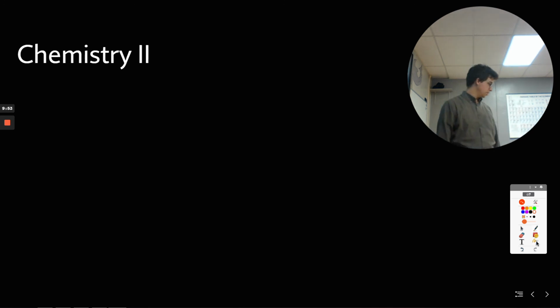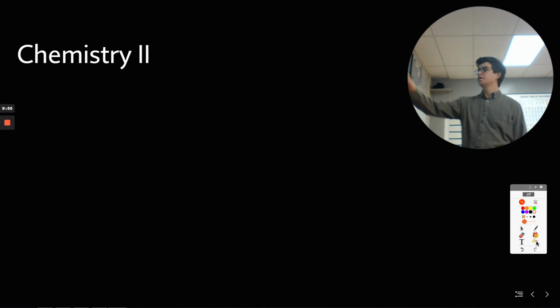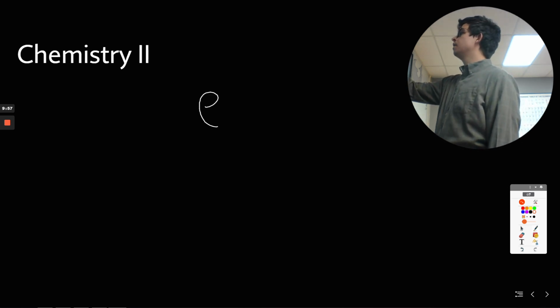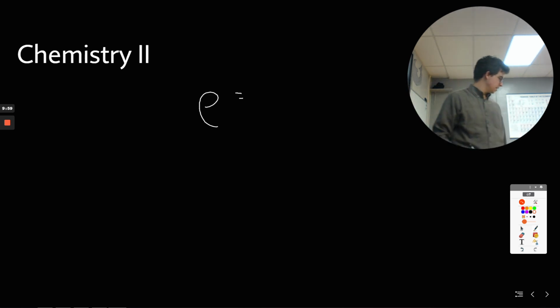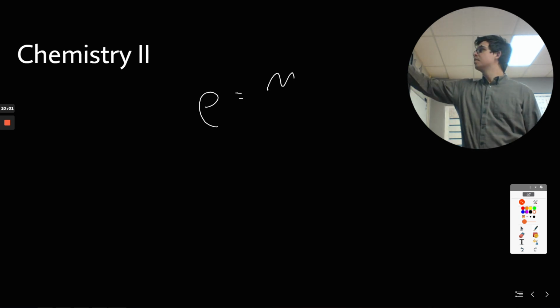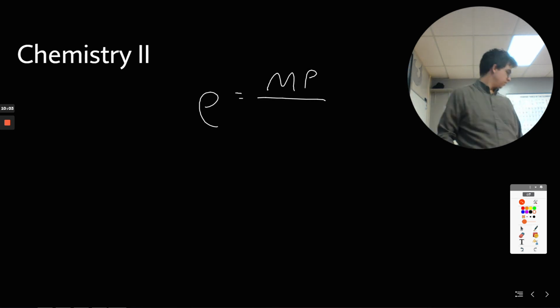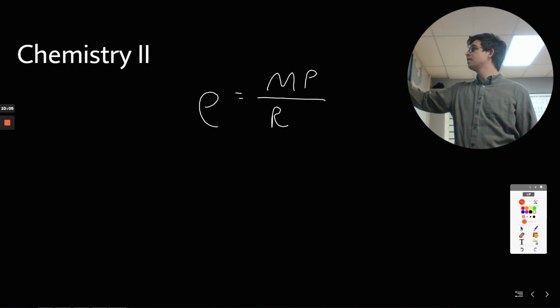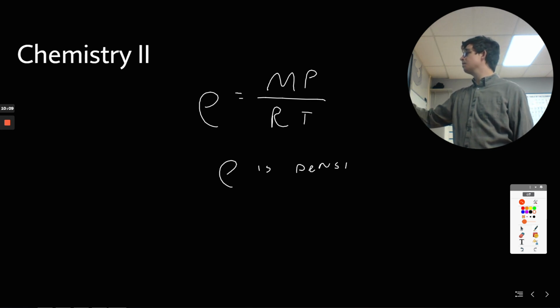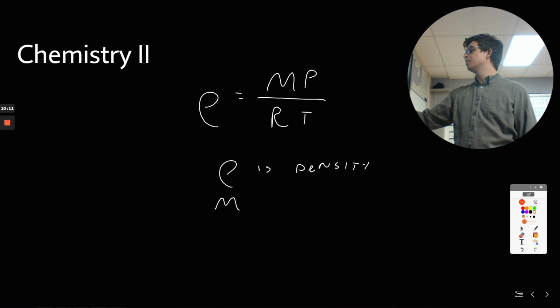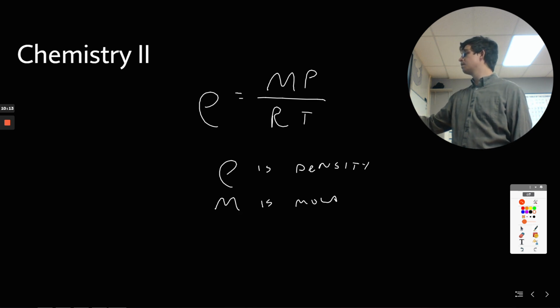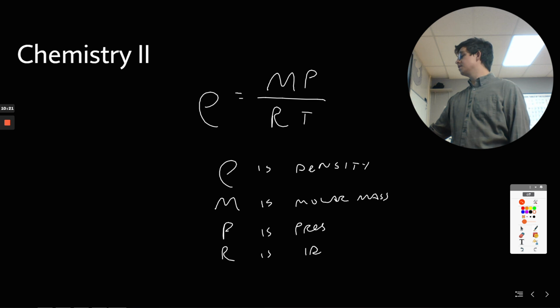And we can also use this to find density, rho. Rho equals, so rho is density, equals capital M, capital P over capital R, capital T. Capital M, again, is molar mass, capital P is pressure, capital R is the ideal gas constant.